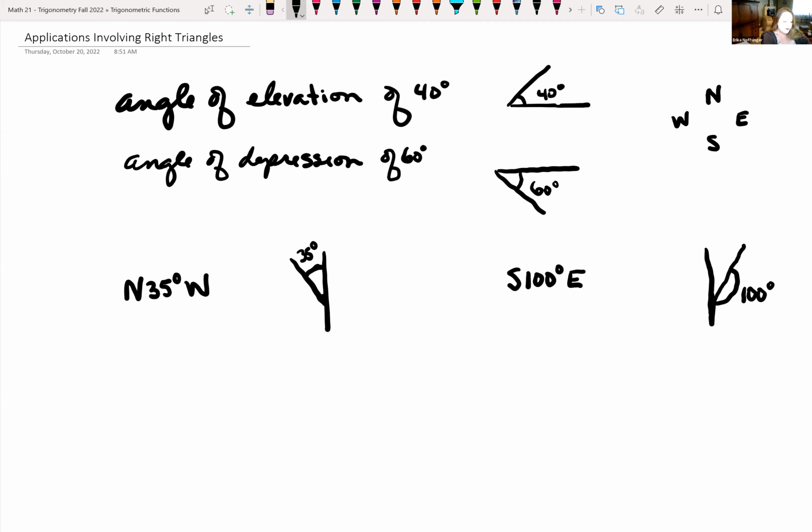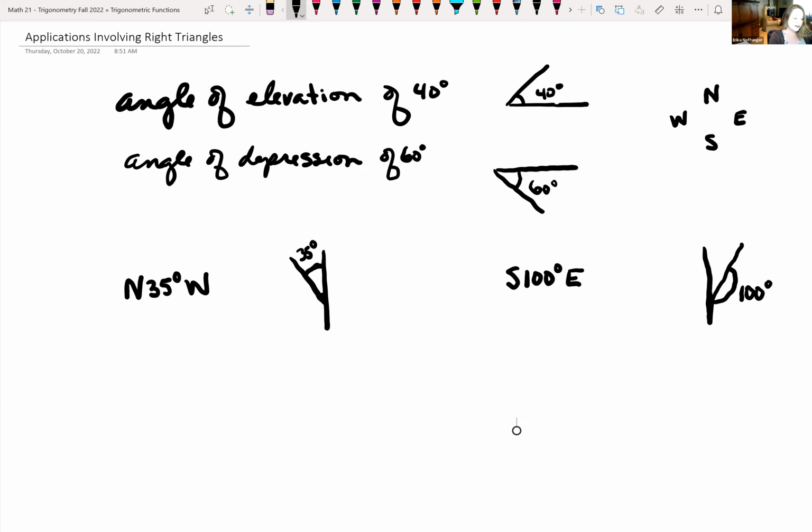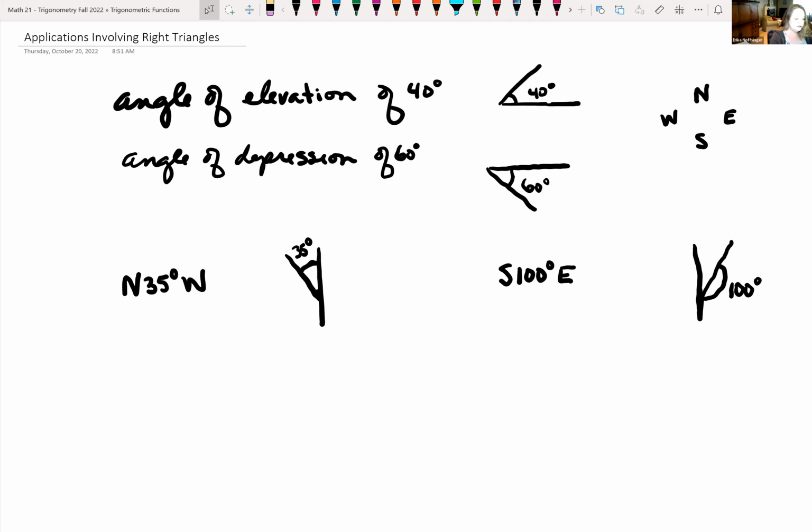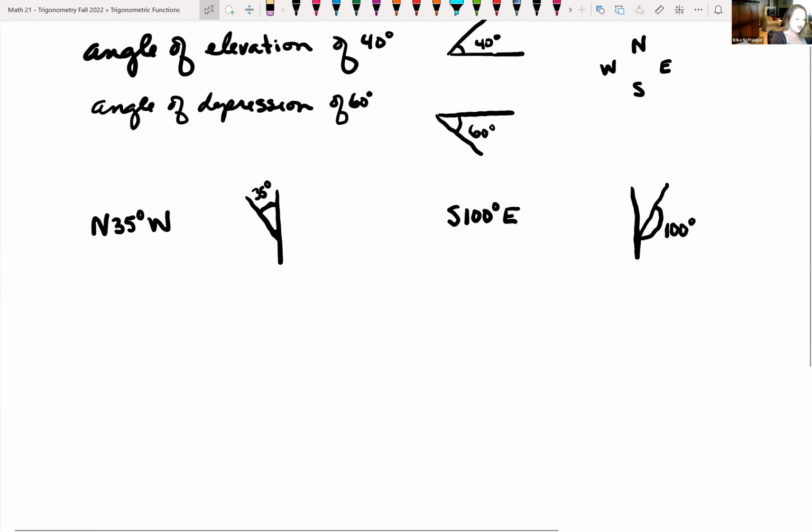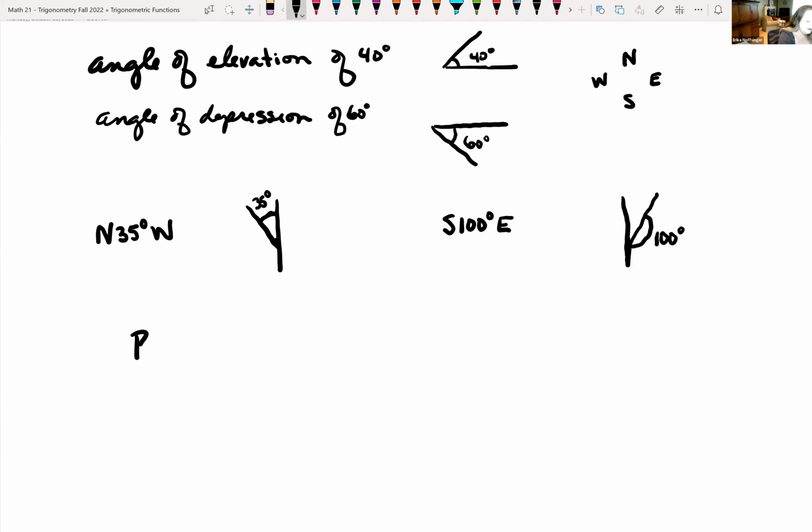The next type of direction that you might see is where they just say we are heading on a bearing of a number. If it says a bearing and doesn't give us the northwest or southeast, we want to always start on the vertical line and we always want to go clockwise. That's a little different than what we've been doing. A lot of times we started at the standard position, that horizontal line, and went counterclockwise.